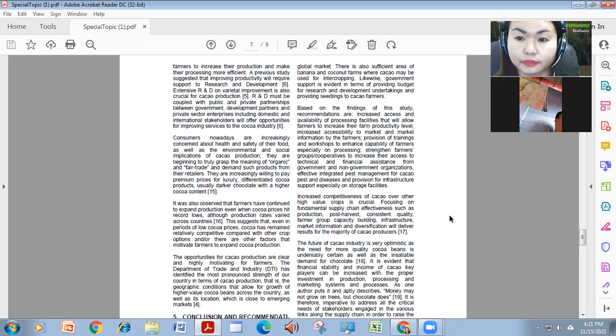There's also sufficient area of banana and coconut farms where cacao may be used for intercropping. Likewise, government support is evident in terms of increased budget for research and development undertakings and providing seedlings to cacao farmers.